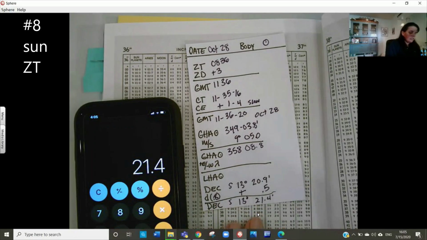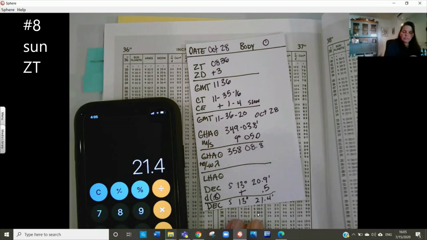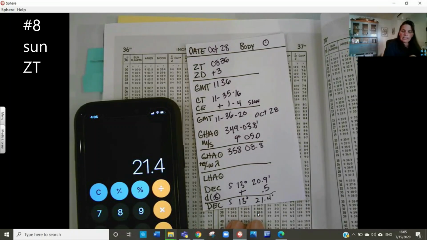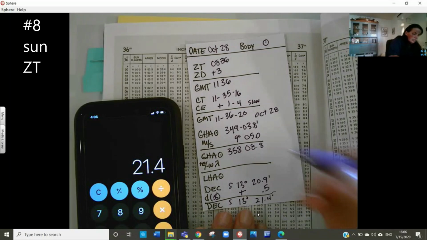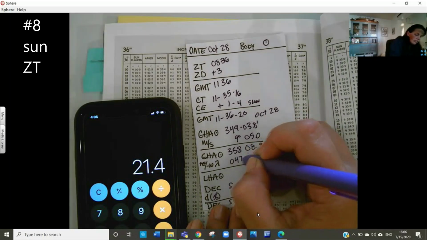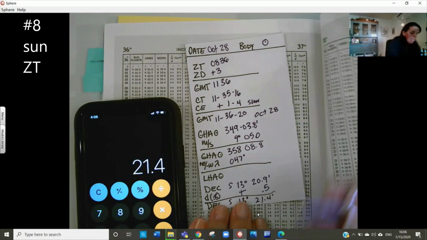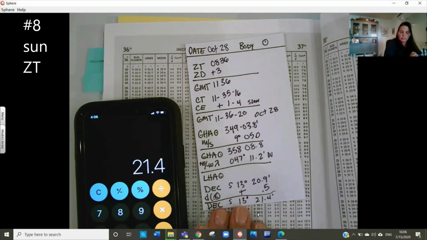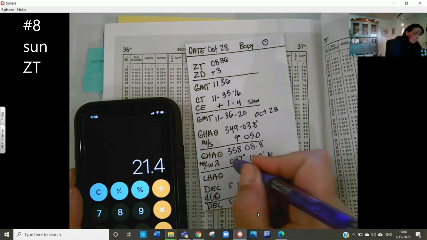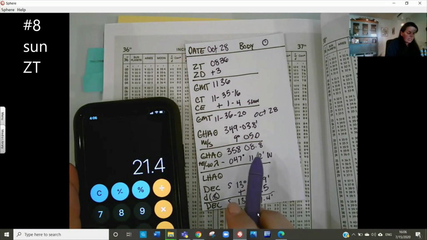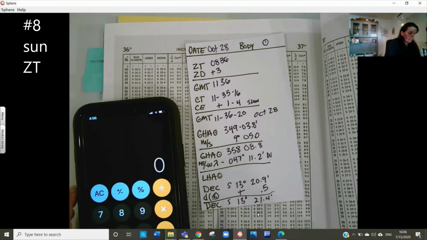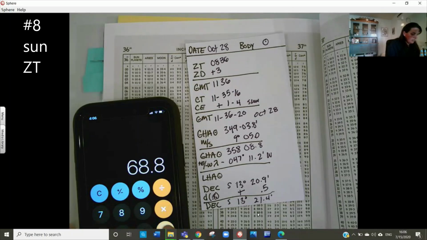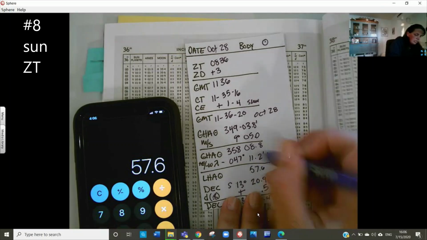Okay, we also need to write in our longitude. Our longitude for number 8 is 047, 11.2 west. So if it's west, we're going to be subtracting. We can't subtract 11.2 from 8, so we are going to add 60. We have borrowed that.